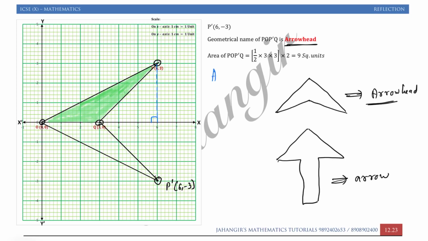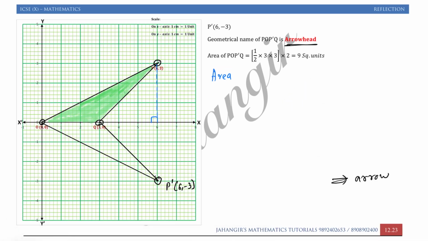So area is equal to half into base. We can consider this much part. It is 0 to 3, so 3 units, and height is also 3 units, and we can multiply it by 2 because it's just a reflection of that. So both triangles are equal, so we can get 9 square units.